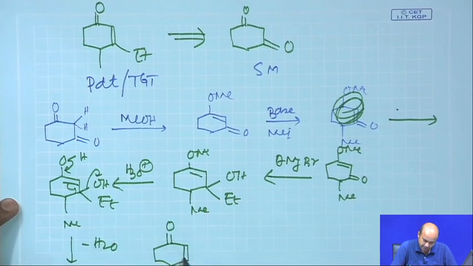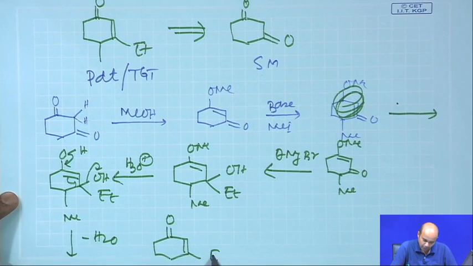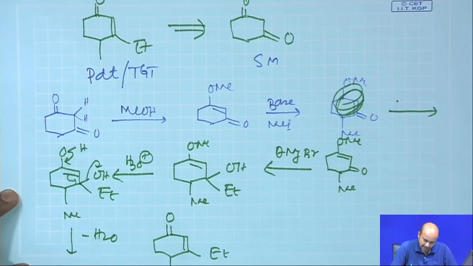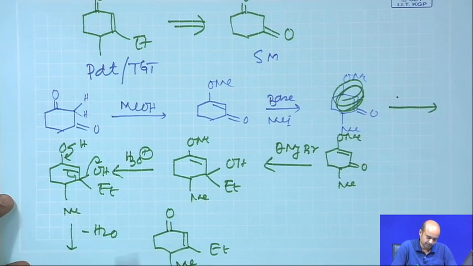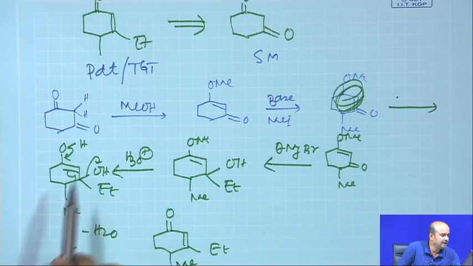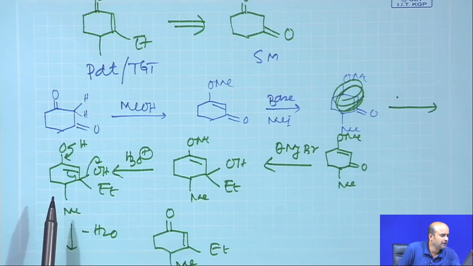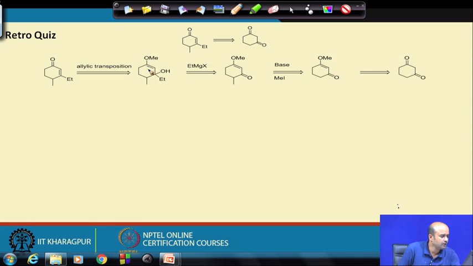This reaction is pretty interesting and is often regarded as an allylic transposition reaction, meaning that this allylic double bond is migrating or transposed. Transposed means changing the position. So, this double bond is coming from here to here, that is why it is called allylic transposition.